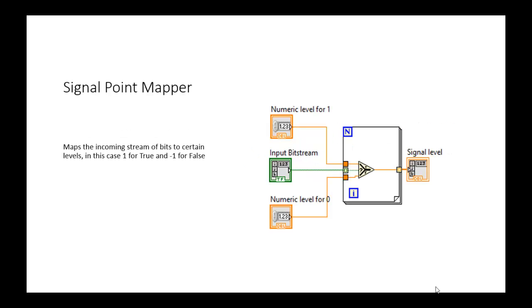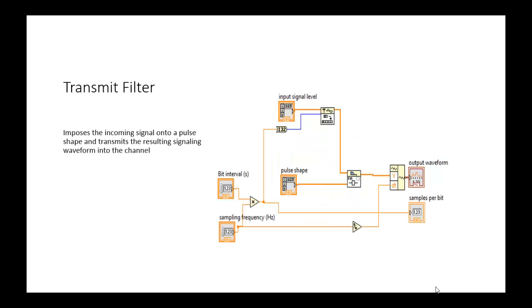The signal point mapper maps the incoming bit stream to certain levels. In this project, I have used 1 for true and -1 for false. The transmit filter imposes the incoming signal onto a pulse shape, which again can be either the Polar non-return to zero or the Manchester non-return to zero. The resulting signaling waveform is then transmitted onto the channel.